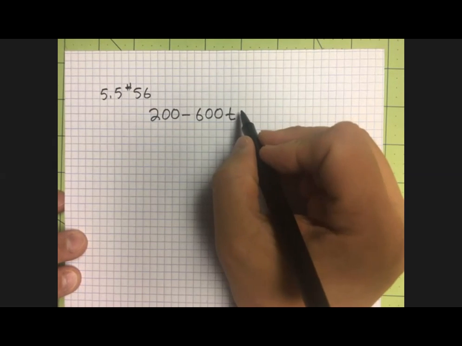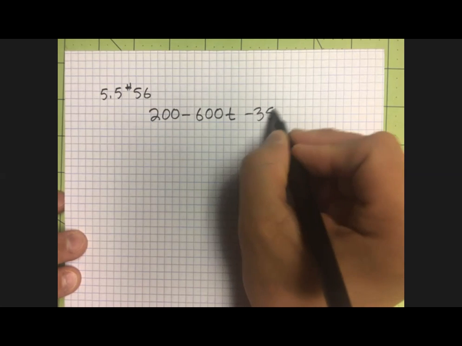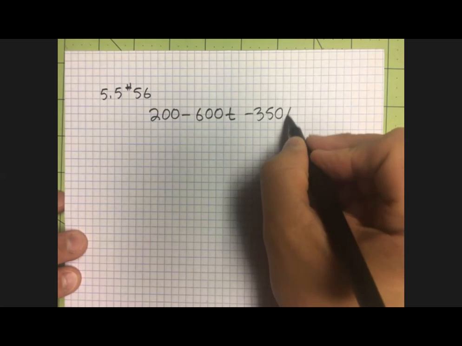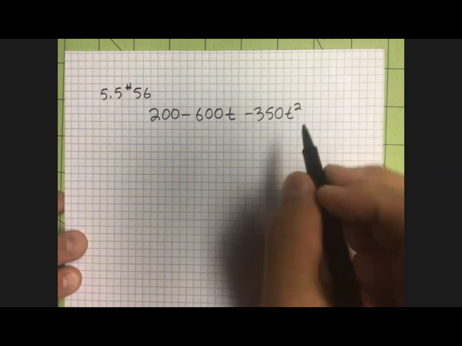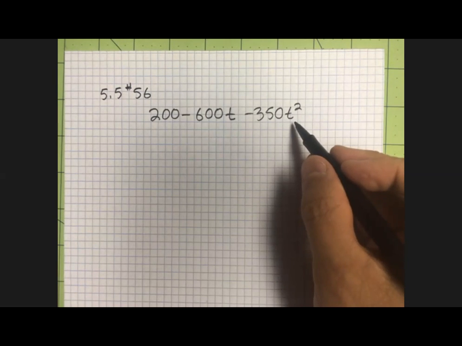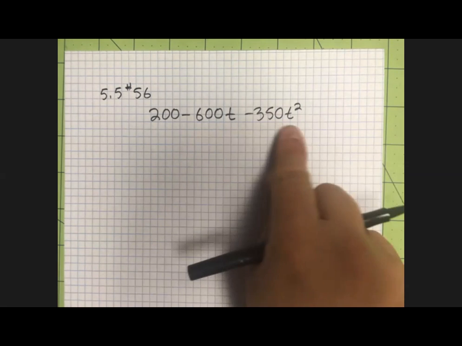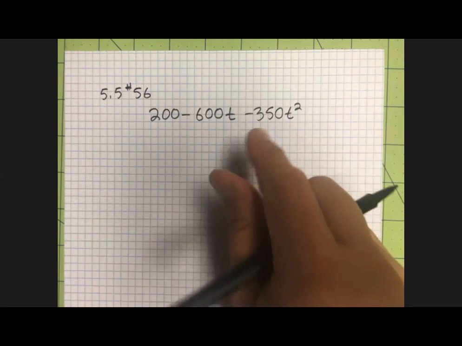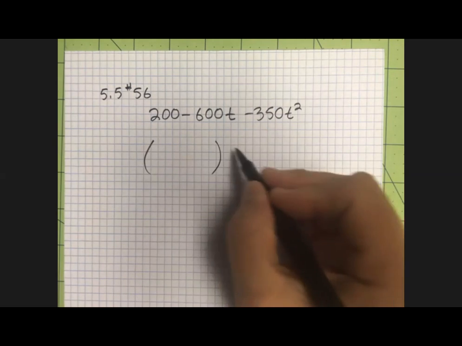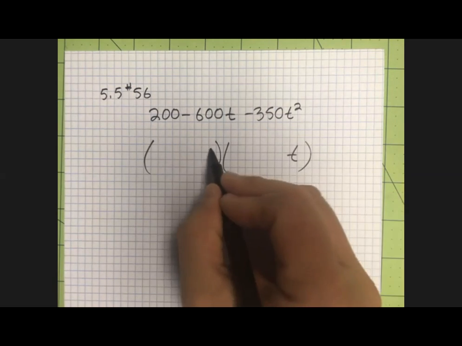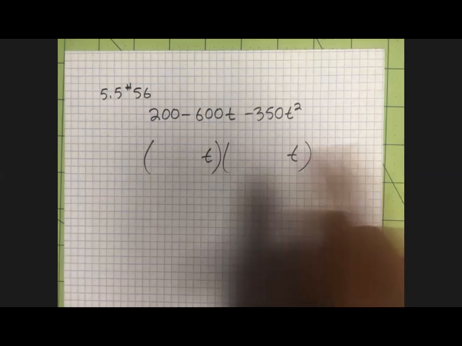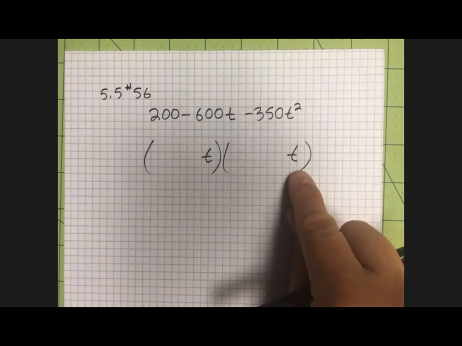T minus 350t squared. Okay, it's got a t, not an x, not a y, not an a, not a b. That's fine, it's just got a t. Notice the variables on the backside. Okay, no big deal. I'll put the variable on the backside. So that doesn't really stop me.